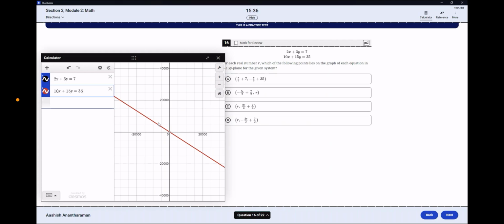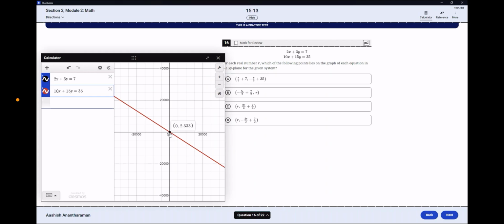So if you look at this, they're going to be the same equation. So what we need to find here is every real number r that's going to match this.